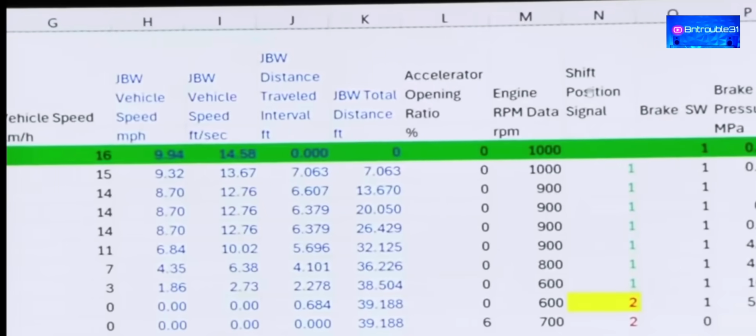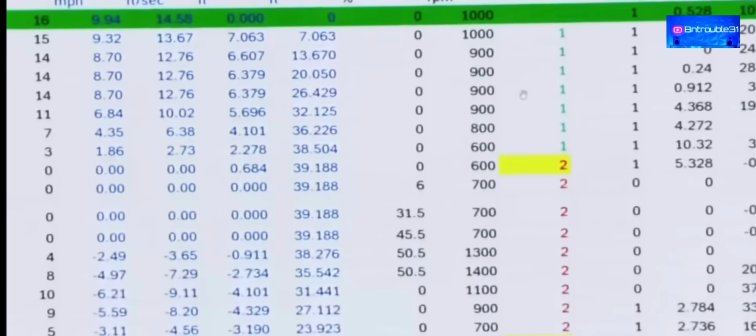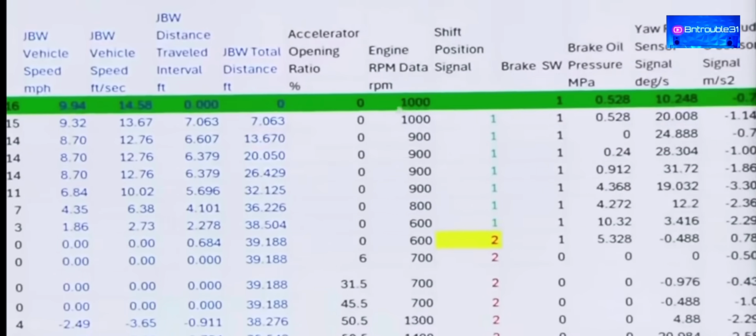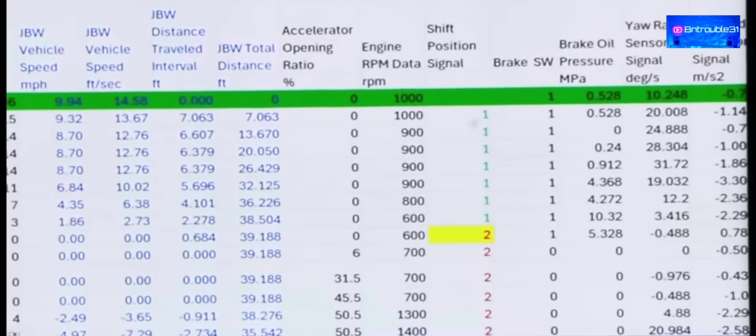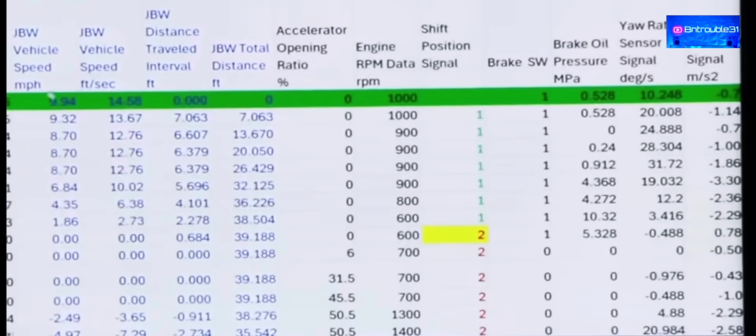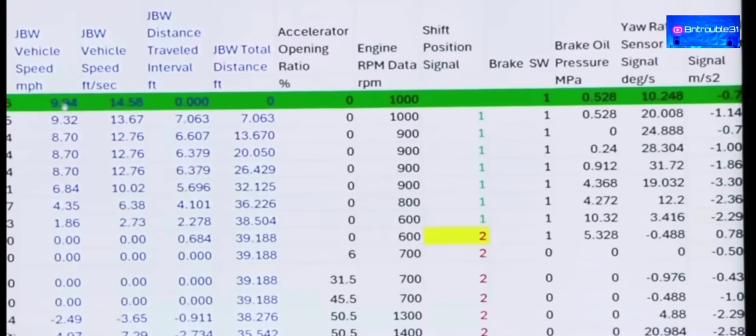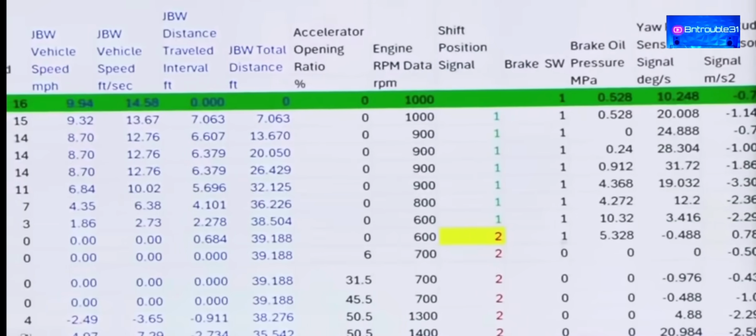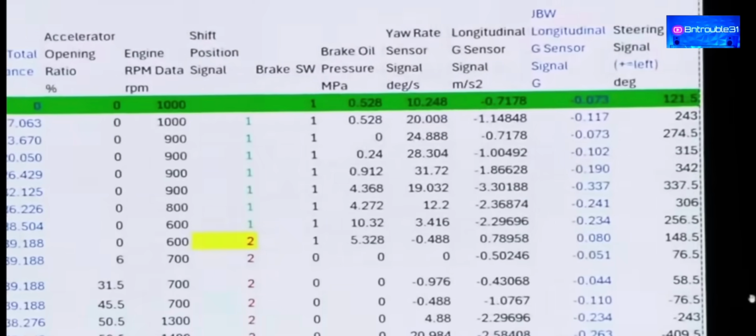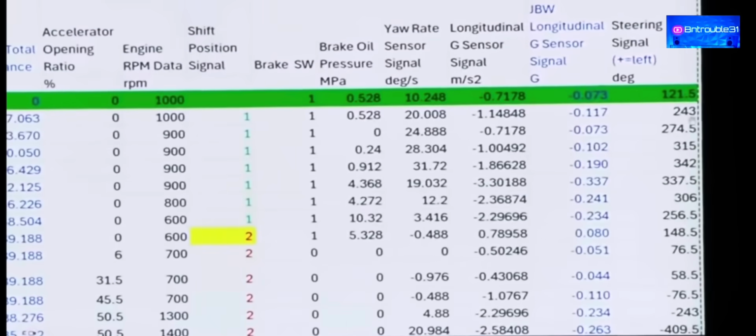That's the ship position. So we start off going forward right here. And you can see at the start of the simulation, we're going about 9.94 miles an hour. And then as you start a 3-point turn, in this case, if you're going to the left, you generally start with the left turn.